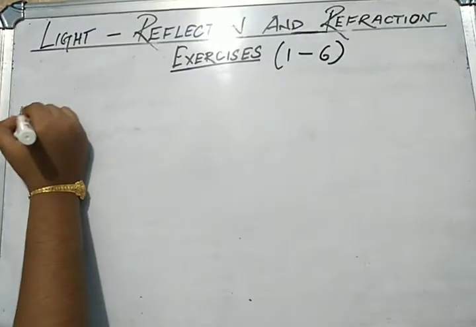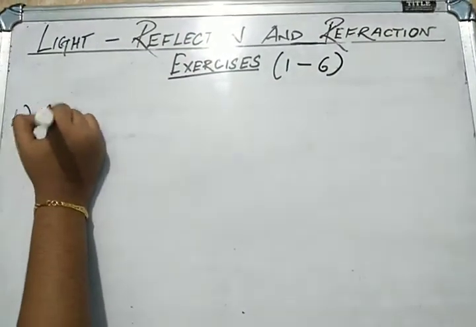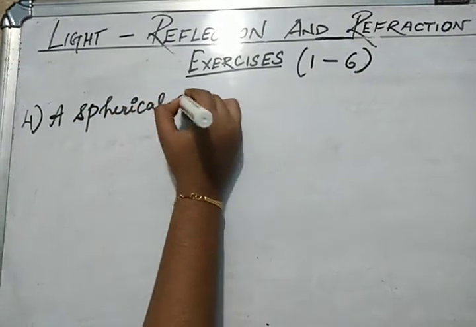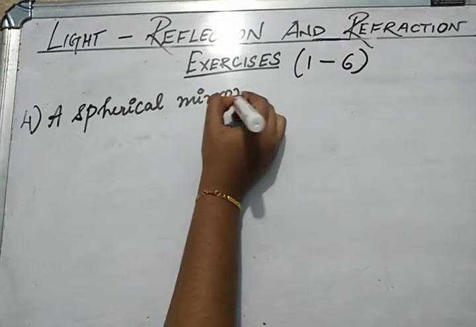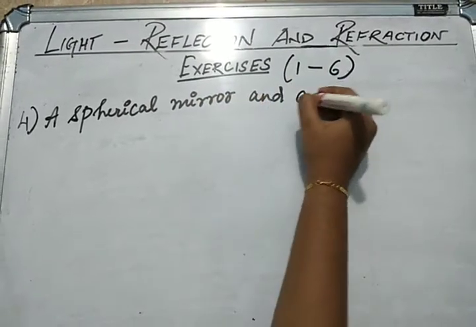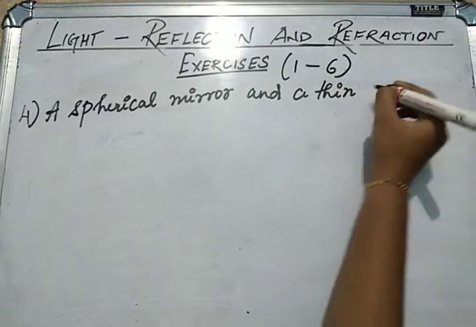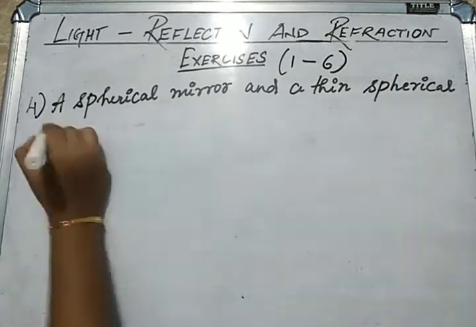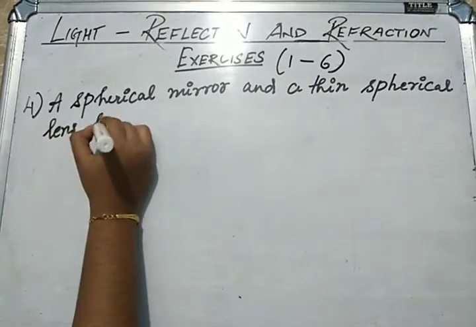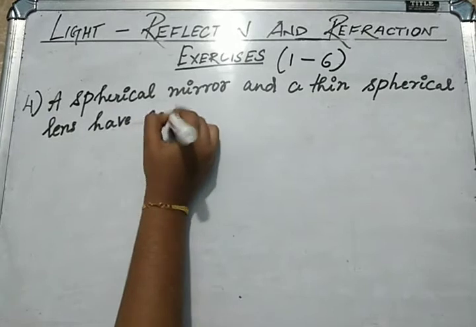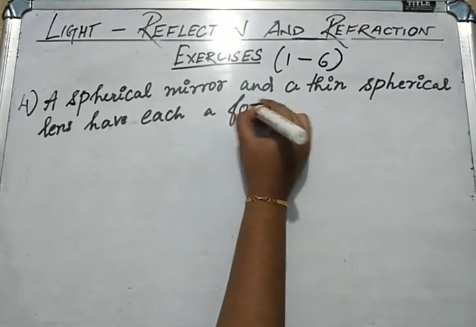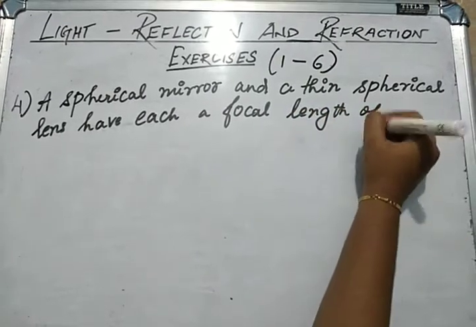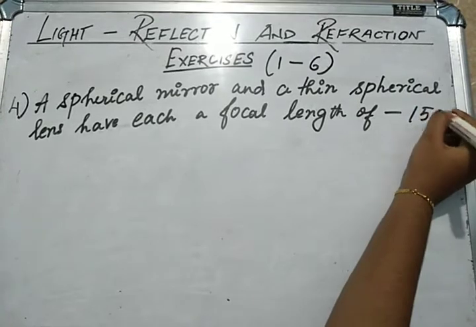Then fourth question: a spherical mirror and a thin spherical lens have each a focal length of minus 15 centimeter.